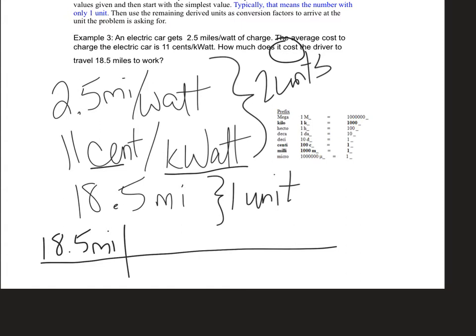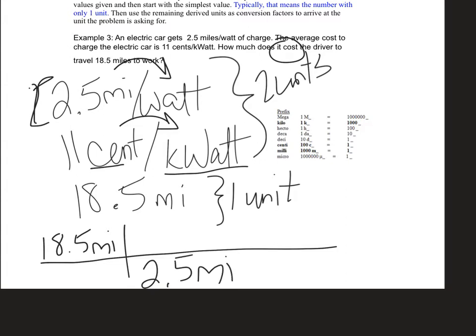That's how these 2-unit systems work. I can convert from one thing into the other. So if I want to end with cents, I have to get to kilowatts first. If I'm going to get to kilowatts from miles, well, I can't get to kilowatts, but I can get to watts. So I'm going to next put my 2.5 into my dimensional analysis, 2.5 miles.